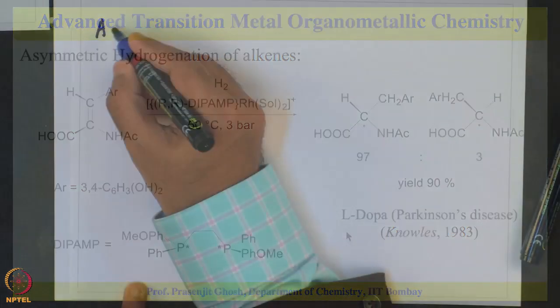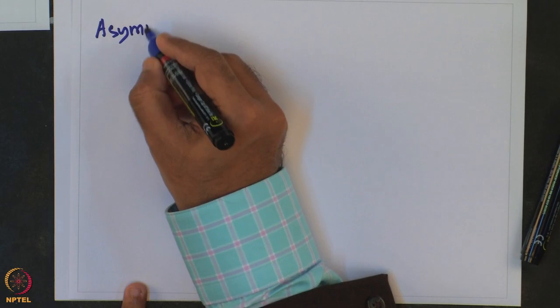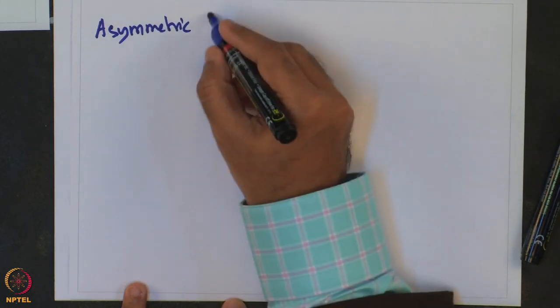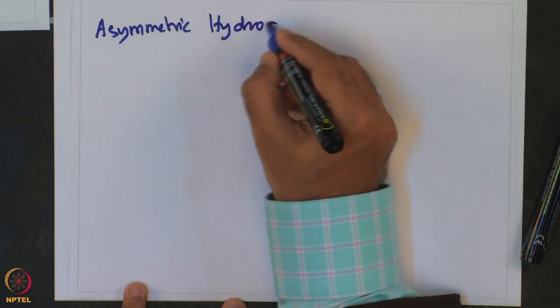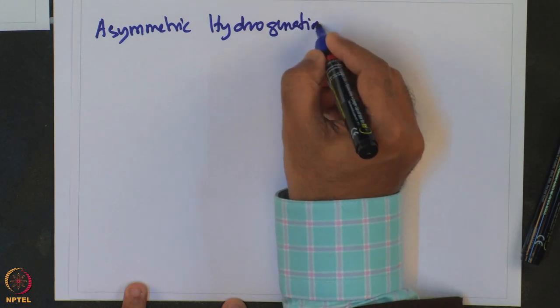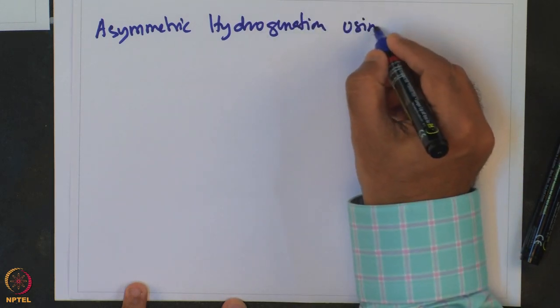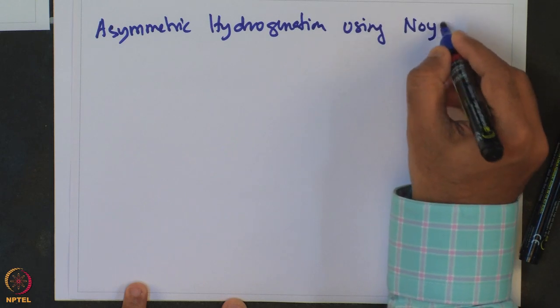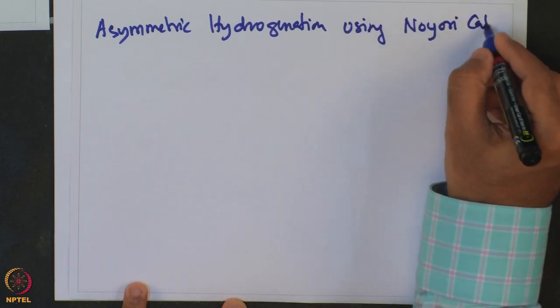So, asymmetric hydrogenation using Noyori catalyst.